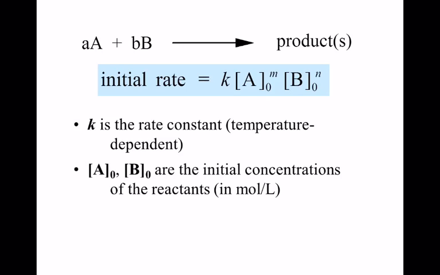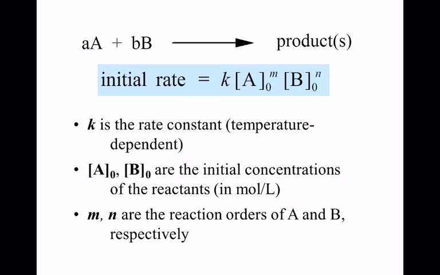So in this case, initial rate, I could put little initial markers here: this is the initial molar concentration of A, initial molar concentration of B. And those M and N, you can't leave them as M and N. You actually have to put real numbers there.